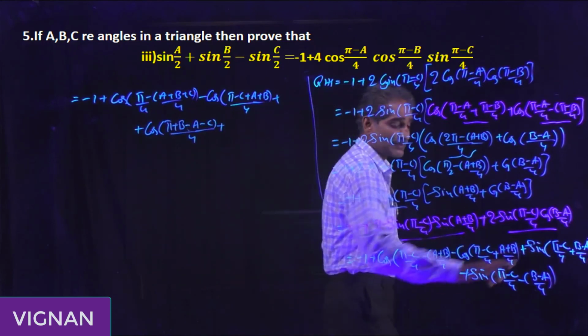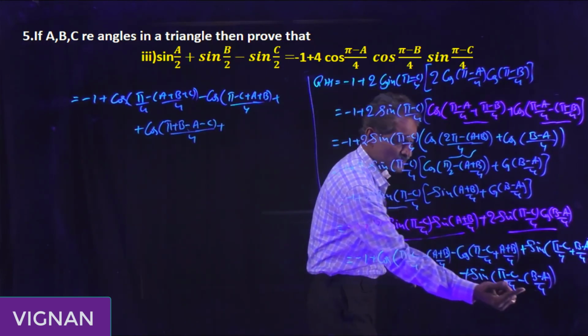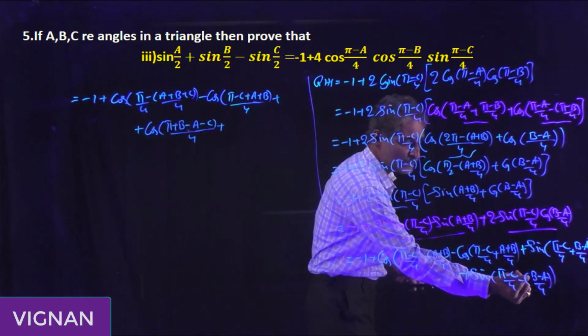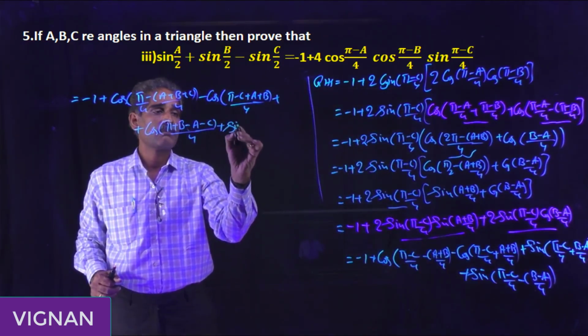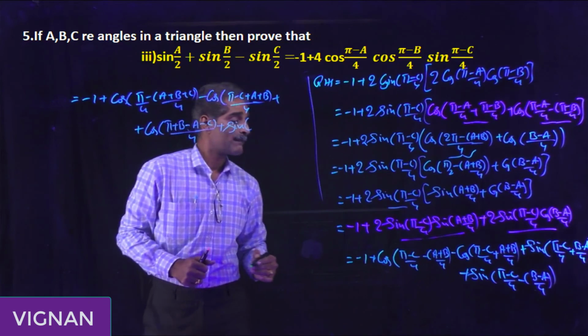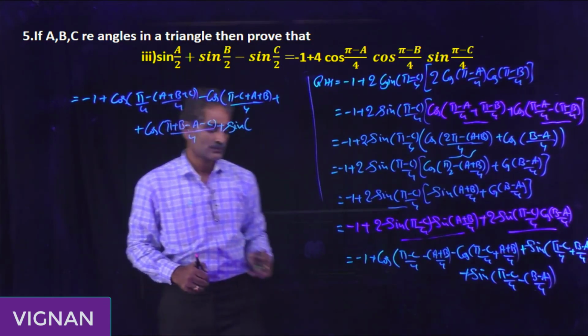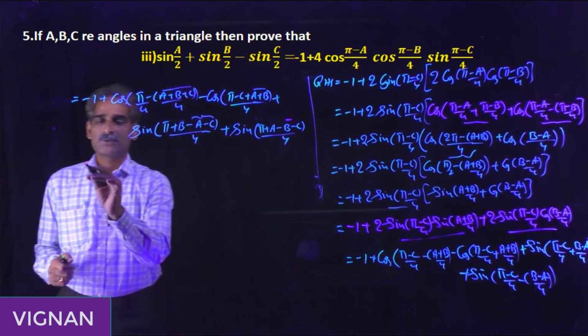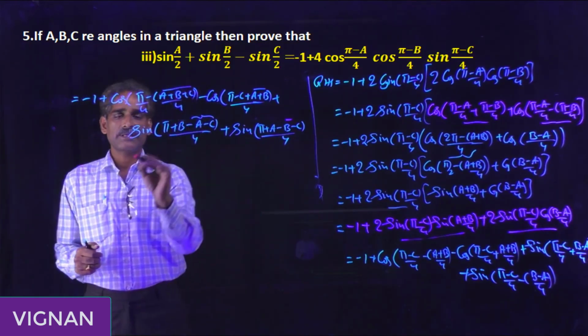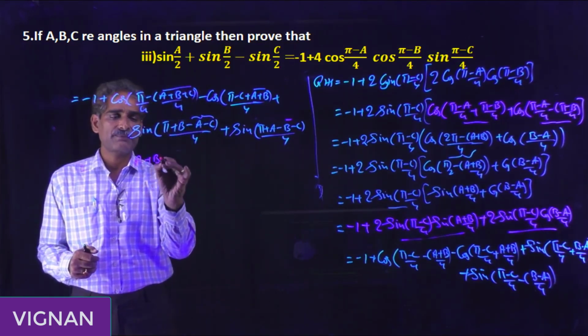plus sin(A plus B) plus sin(A) is plus sin of, the LCM is the same, minus B plus A. The positive terms are there. So now observe this. Here A plus B plus C is equal to pi.